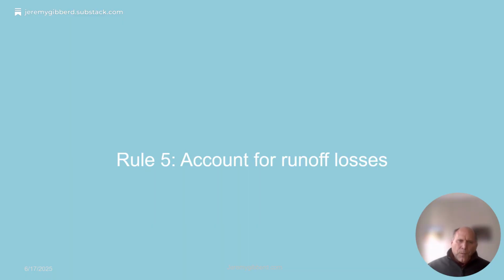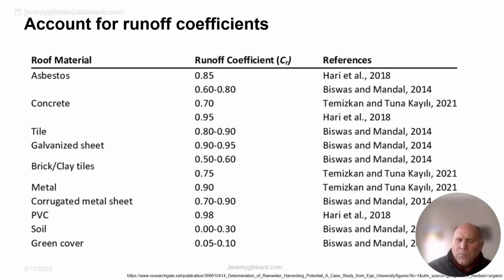So next thing is think about runoff losses. All of the different collection surfaces that you can use have different runoff coefficients. So if you've got a very solid surface with a good slope on it, so tiles, galvanized sheeting, you would have a runoff coefficient of 0.9.